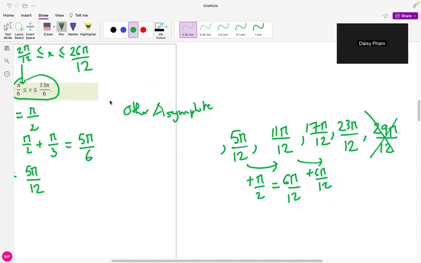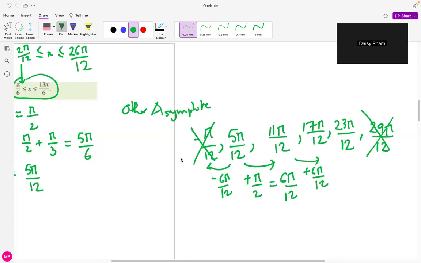All right, and then this is 5π/12. The domain starts at 2π/12. If we go backwards, 5 minus 6π/12, you get negative 1π/12, which is just negative π/12. But again, you won't need this sketch. You won't need negative π/12.